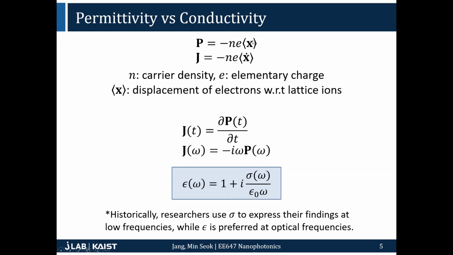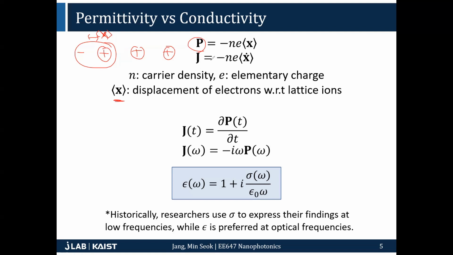The situation is like this: if you want to describe polarization, you have an atomic lattice and electron clouds displaced like this. Then you have a displacement, x. This displacement determines how much your atom is polarized.